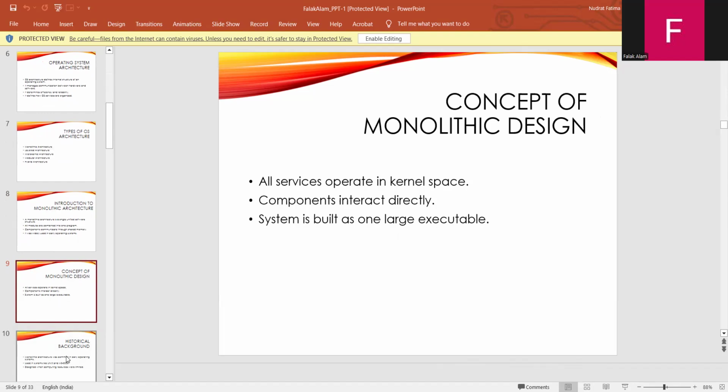Because of the direct communication, a monolithic system provides high performance as components interact directly with each other.